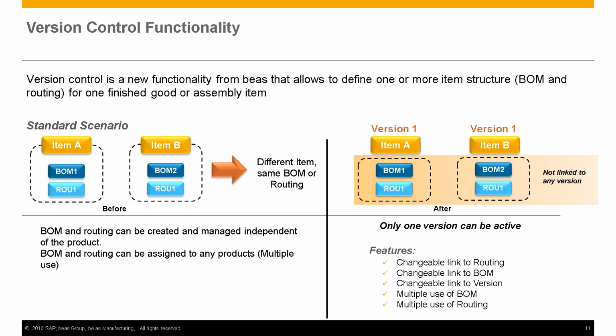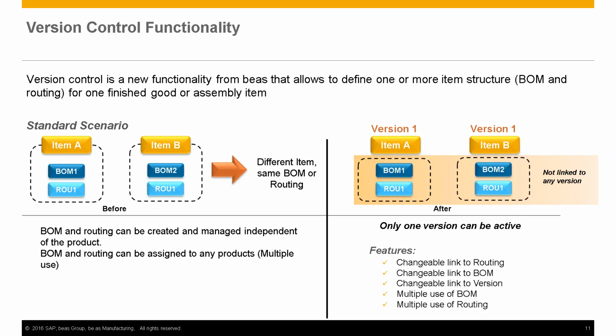There is another example, another scenario, when you have item A, one specific item, and item B that have the same routing but different bill of material. What we can do here is create a version for each finished good, and then independently you will have the bill of material that can be used in each item, and the routing that is the same, you can use in both items without it being linked specifically to the finished good.